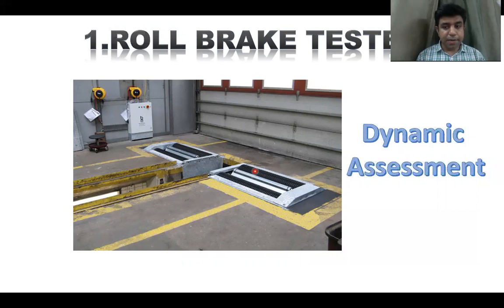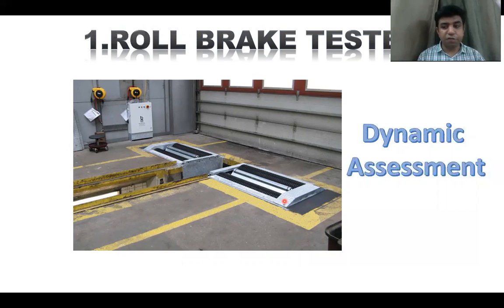By applying the brake, what will happen is it will try to stop the roller, and the amount of force received at the roller would be noted with the help of force transducers, right? That force transducer will give you the value of the brake force generated while applying the brake.